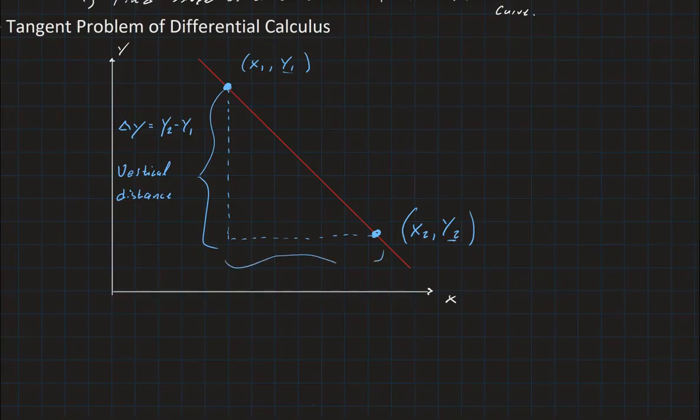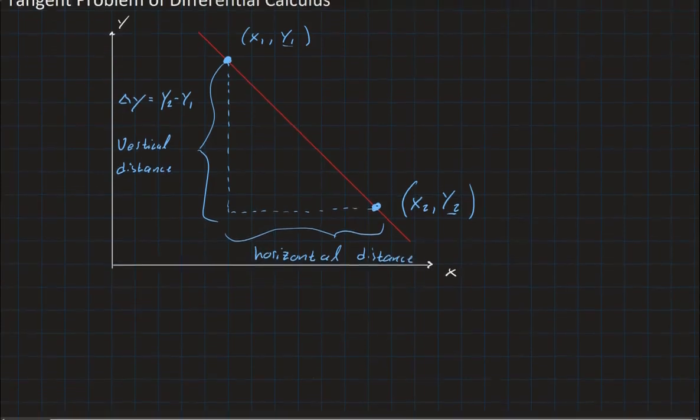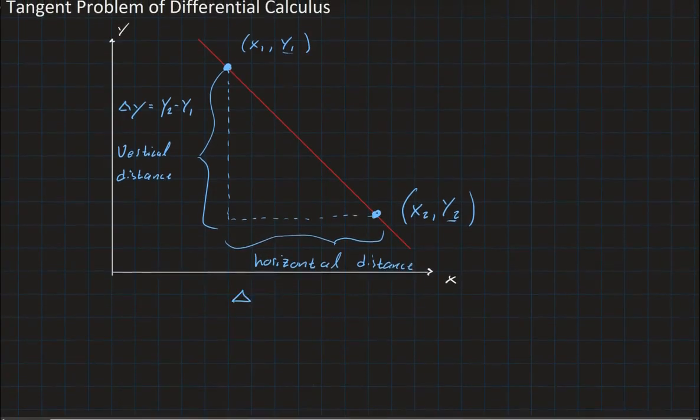And the horizontal distance, the symbol that we use for the horizontal distance is delta x, or the change in x. In mathematics, this little triangle symbol means the change. We measure change by subtraction, so the change in x is going to be x2 minus x1. I find the change in x by finding the difference between these two x values.